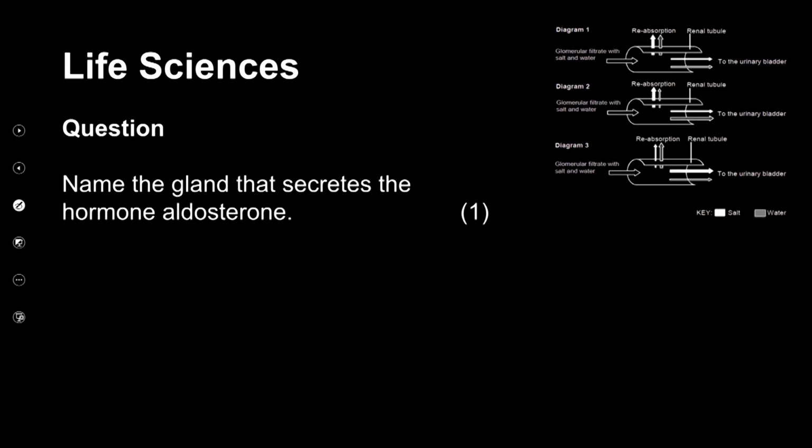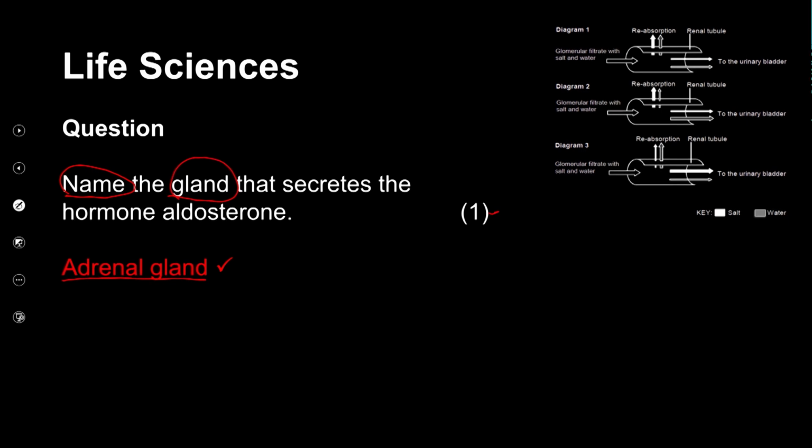1 mark for that. The next question again says name, but now we are naming the gland that secretes aldosterone. Which gland? The adrenal gland is the one that secretes aldosterone. Because they said name a gland. For how many marks?